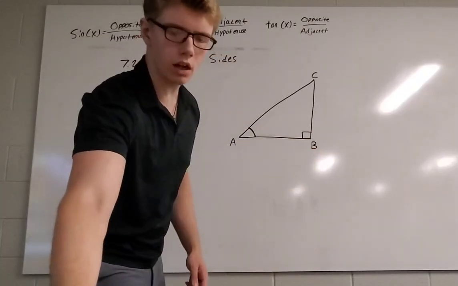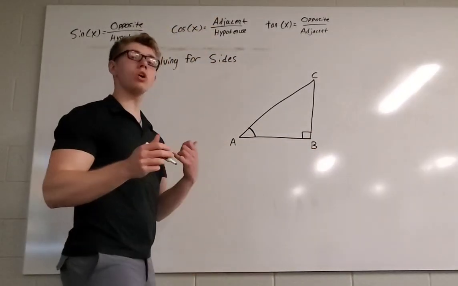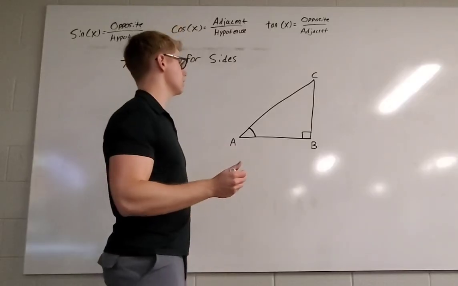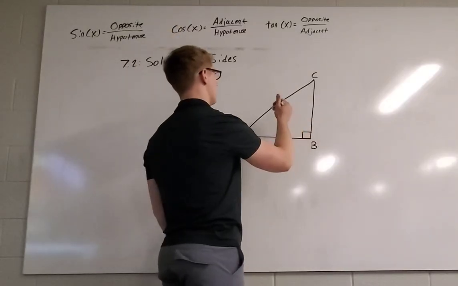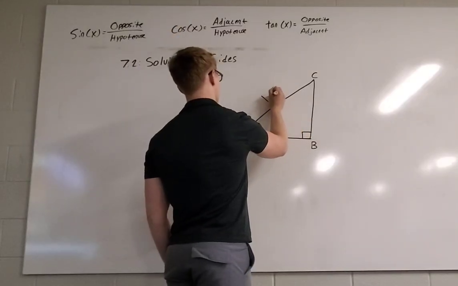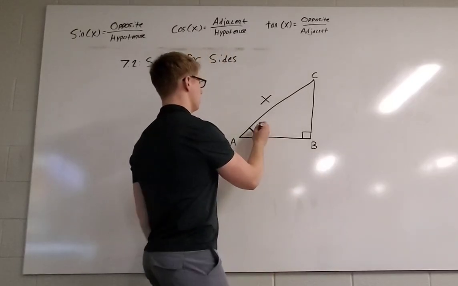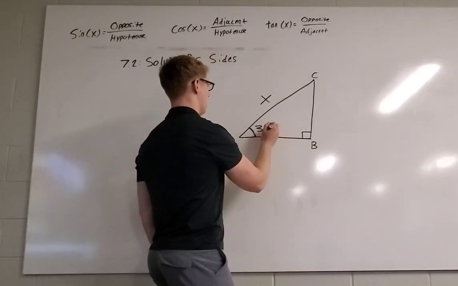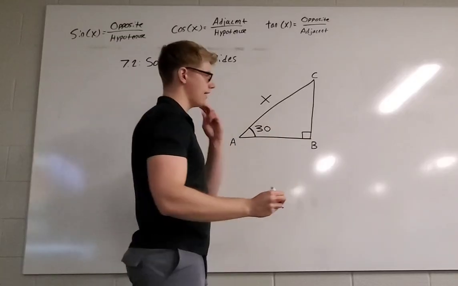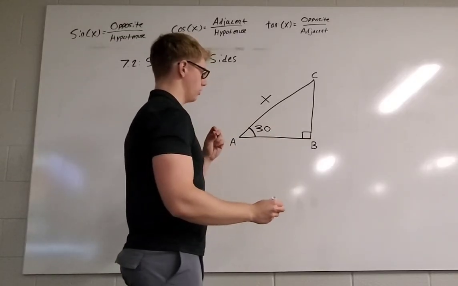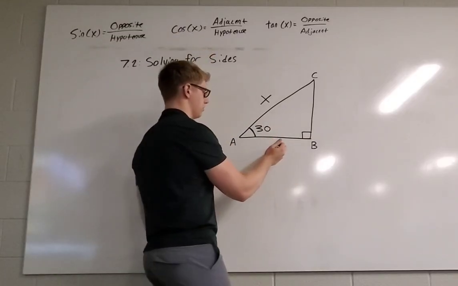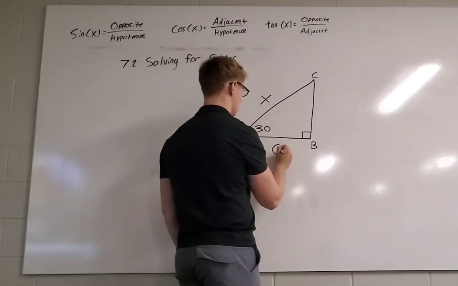Okay, so instead of us solving for the opposite side, this time I'm actually going to put my x up here. Now you might already be able to tell me that's the hypotenuse, right? I'm going to make this angle a 30, and I am actually going to give us this bottom side here, which is 6.